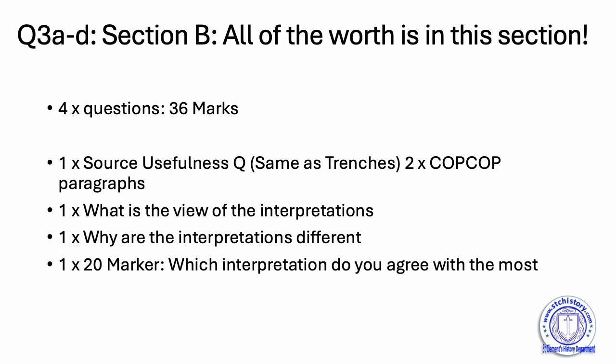Okay, so that's what section B is going to be. We should be able to practice this so much that when you sit down in this exam, you have no fear, absolutely no fear at all, because essentially the frame and writing structure of all of the 4 questions remain the same. It's just what you fill it with from the interpretations and from the sources.